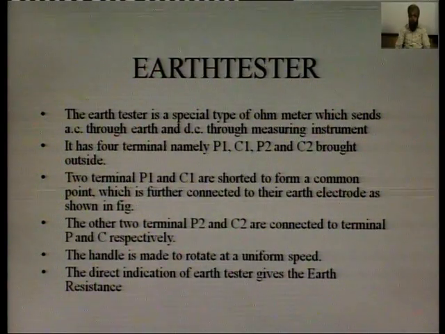Two terminals P1 and C1 are shorted to form a common point which is further connected to the earth electrode as shown in figure. The other two terminals P2 and C2 are connected to terminals P and C respectively. The handle is made to rotate at a uniform speed. The direct indication of earth tester gives the earth resistance.